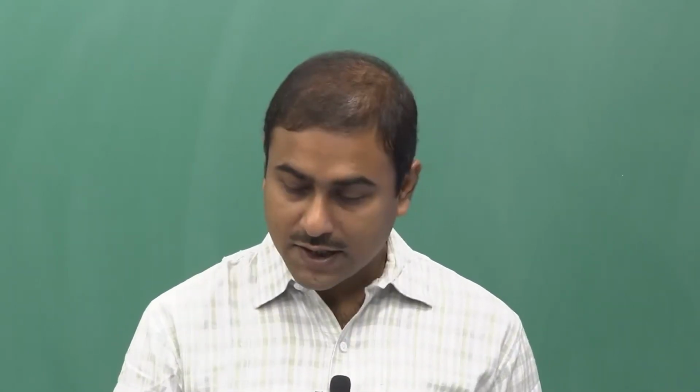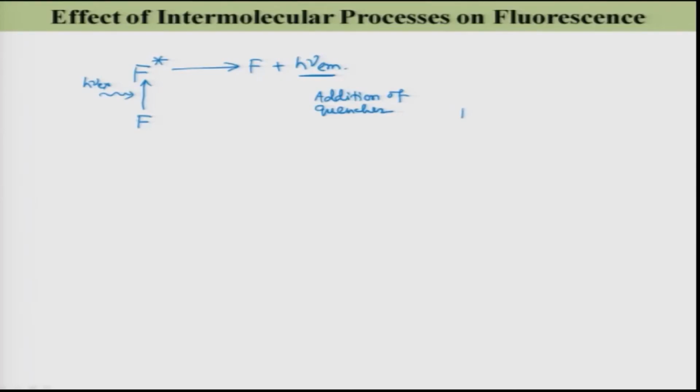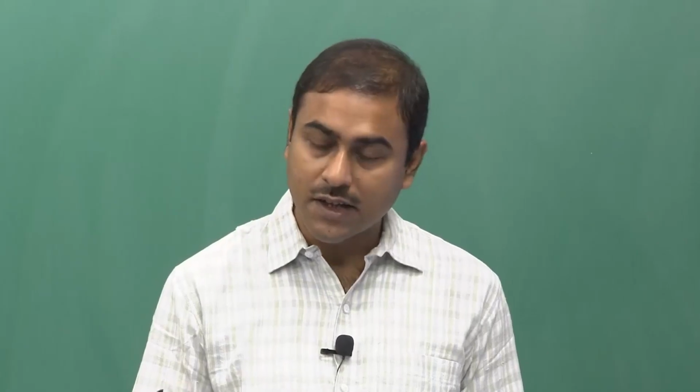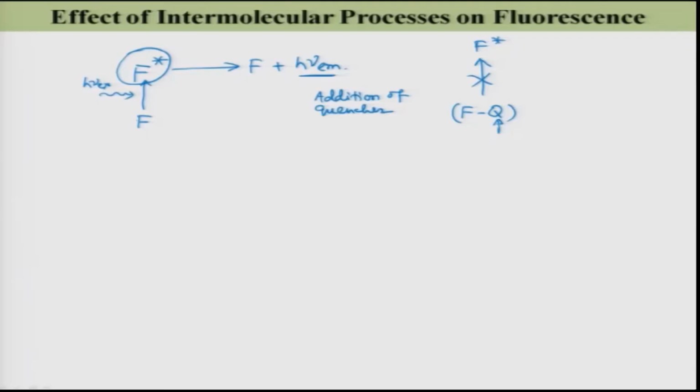What I wanted to say is that now some FQ complex which you cannot excite to the F star state, that means the concentration of the F star state will decrease. If the concentration of the F star state decreases, that means the fluorescence intensity will decrease. If you increase the quencher concentration Q, then more and more F will get complexed with Q, right. So, this is a ground state phenomenon.